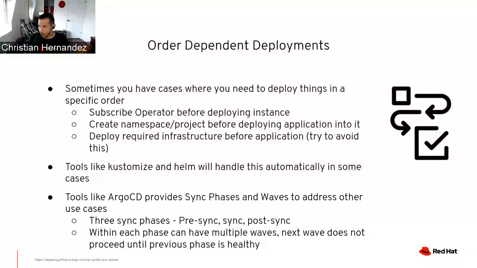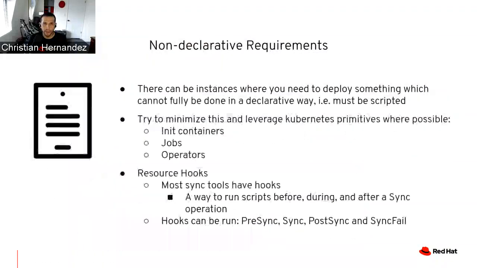Kustomize and Helm are independent of GitOps, but you can leverage a lot of what they provide in your sync tool. From experience, Argo CD and Red Hat Advanced Cluster Manager (ACM) have native support for Kustomize and for Helm. So you're not losing anything by using one tool or the other.